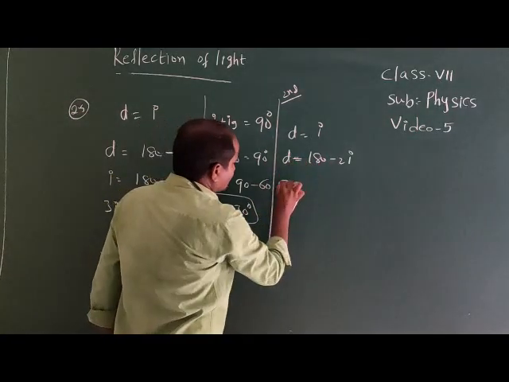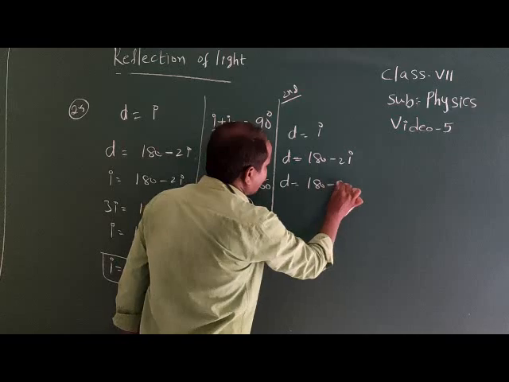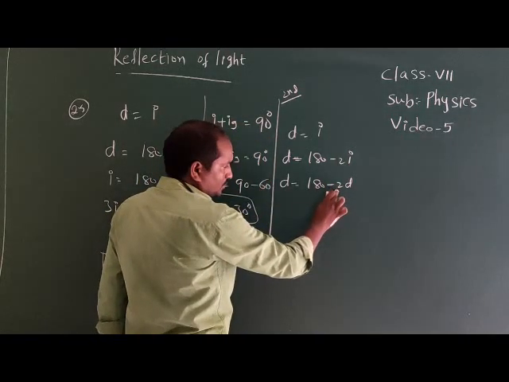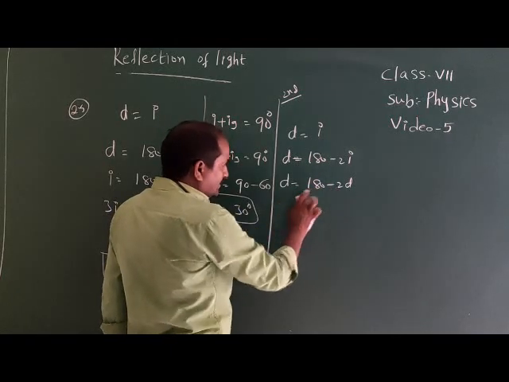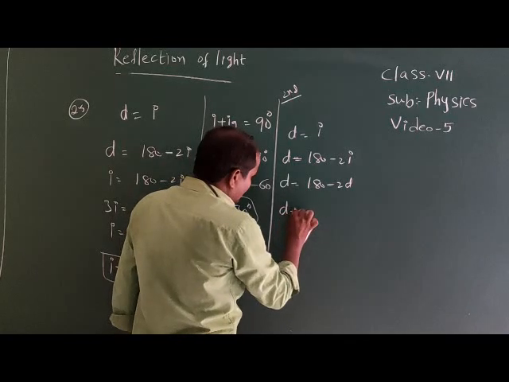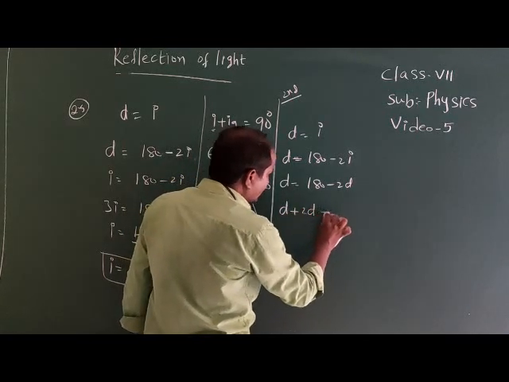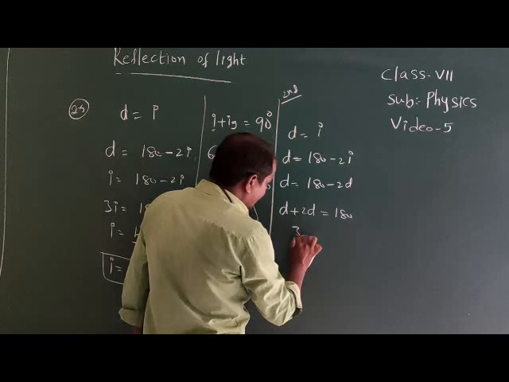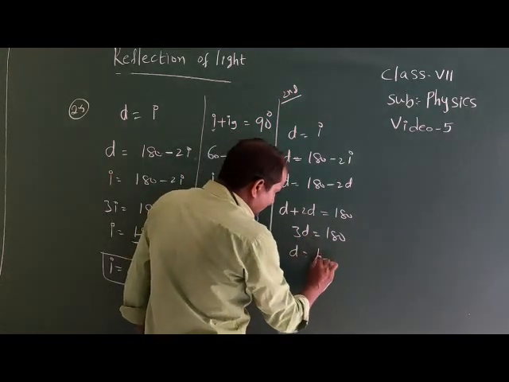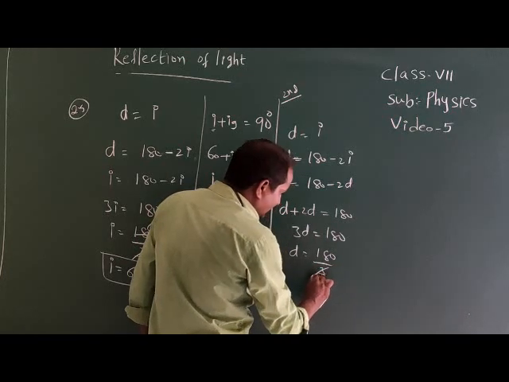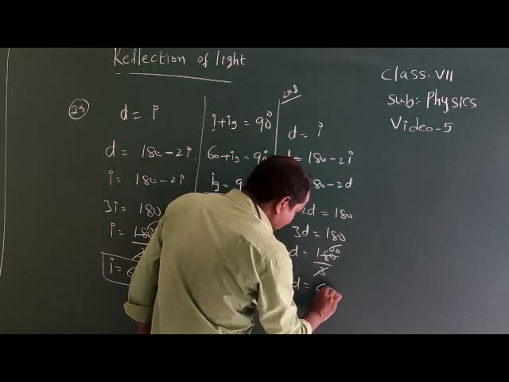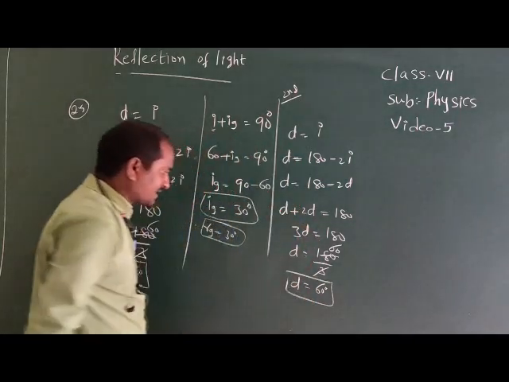So D equals 180 minus 2D because i equals D. So 2D coming to this side, D plus 2D equals 3D. That equals 3D equals 180. So D equals 180 by 3, so D equals 60 degrees.